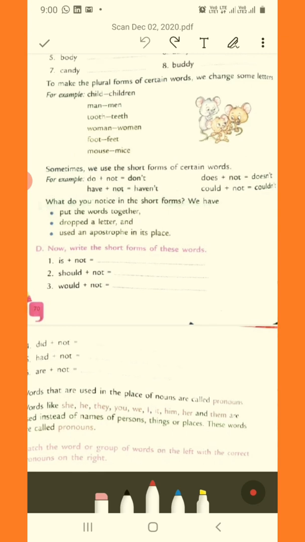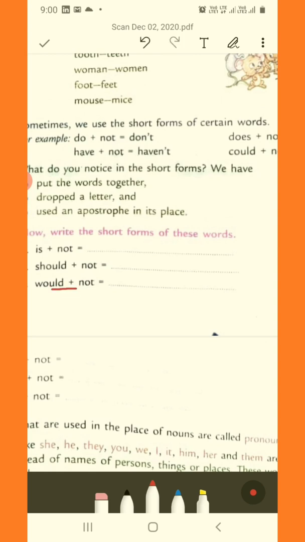Okay, so what do you notice in the short form? We drop a letter and use an apostrophe in its place. You are asked to write them. Is not, what will it be? I-S-N apostrophe T, isn't. Then should not, shouldn't. Would not, what will it be?